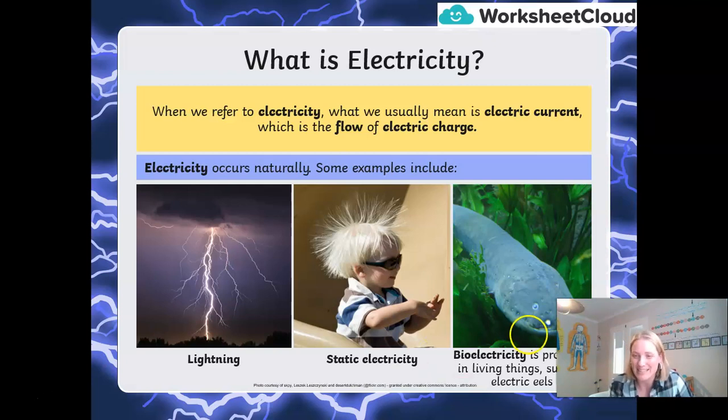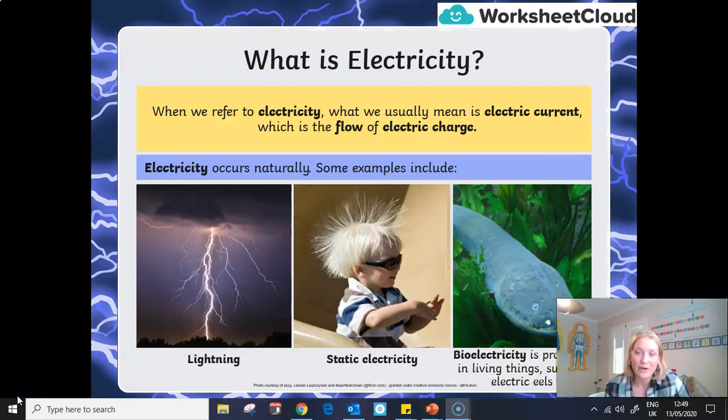Now, remember yesterday I told you when we looked at biofuels, the word bio means living. So bioelectricity is a living thing that is producing electricity. And there are many other examples that I could talk to you about right now. For example, just one off the top of my head is your own brain.